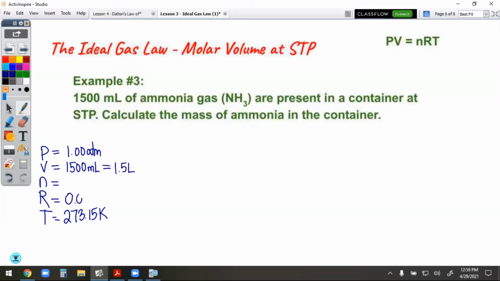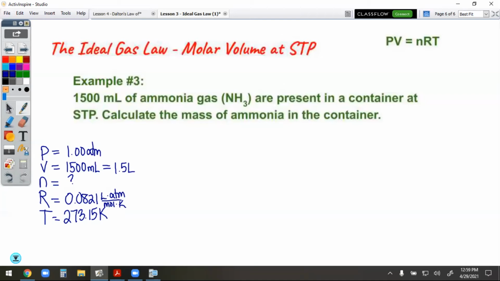And of course, we always know our value for R. So in this problem, we're going to solve for the moles of ammonia and eventually convert that into mass. Now, you can actually save yourself some time using the conversion that we learned in our previous example.